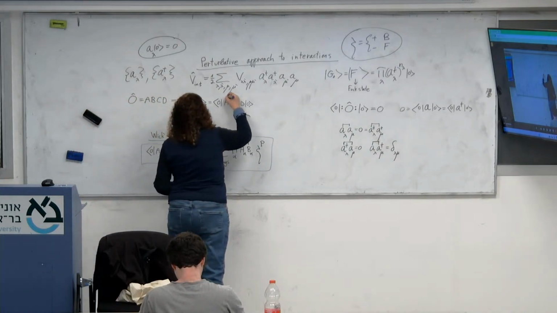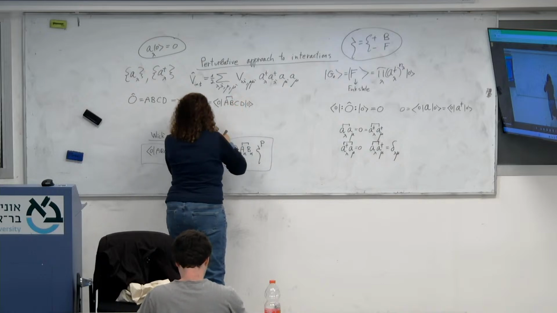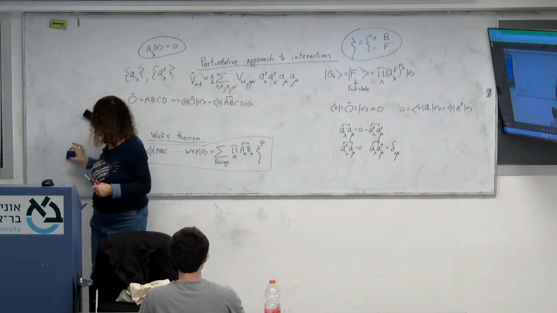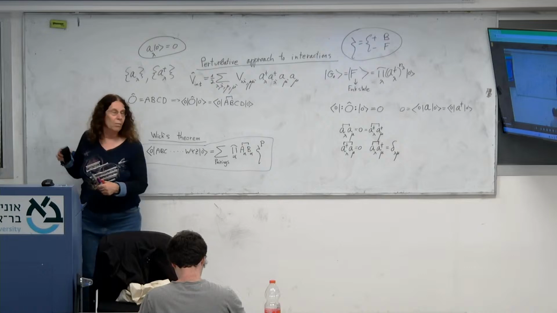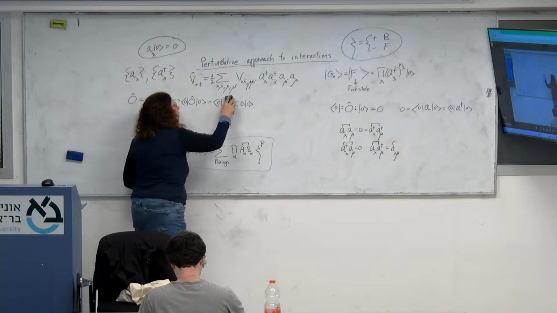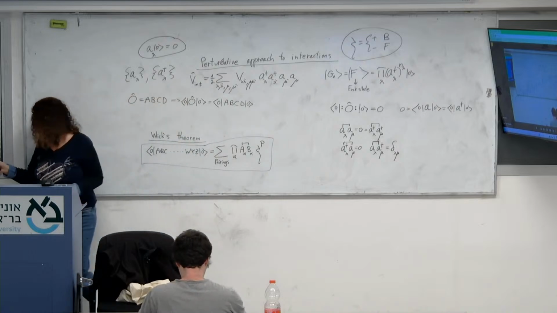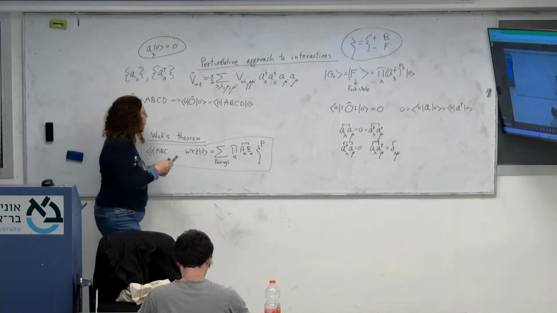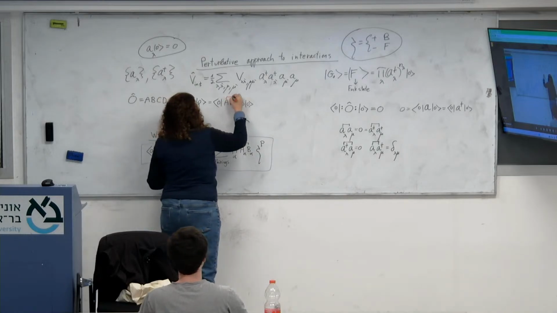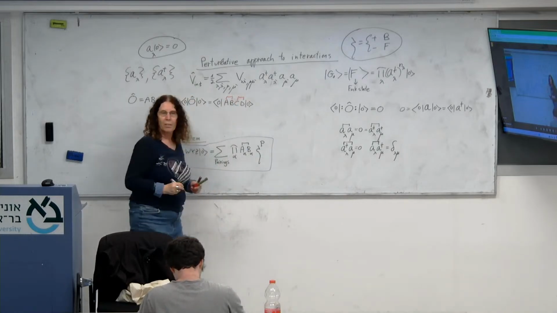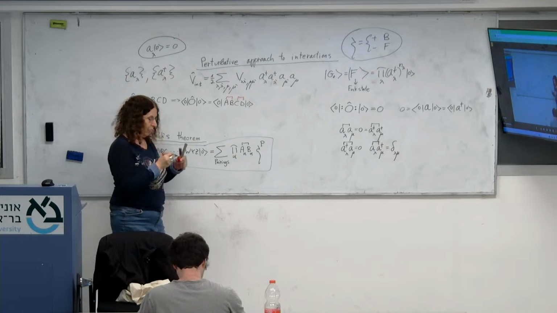I can pair A with B and C with D. So this is one possible pairing.